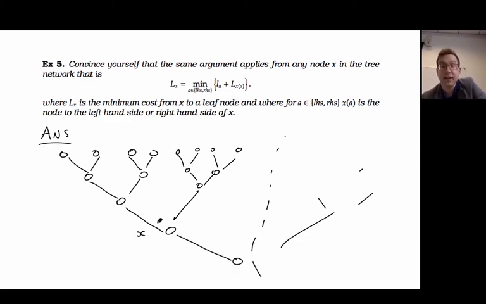If I wanted to calculate the cost associated with being at this point X, it would be given by the loss of the node to the left of X, the loss of the node to the right of X, and then there'll be a cost for going left from X, and a cost for going right from X.